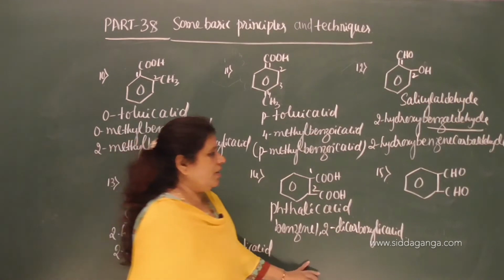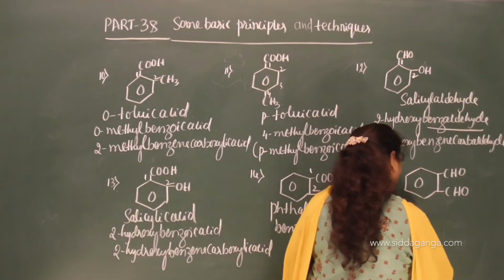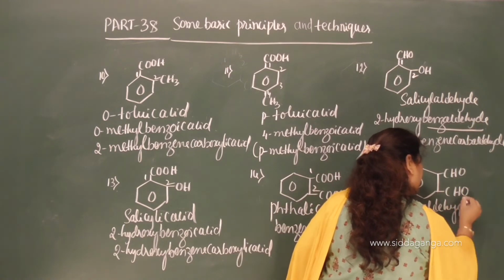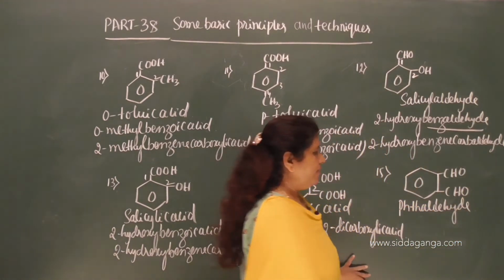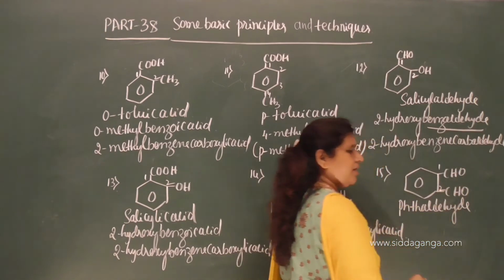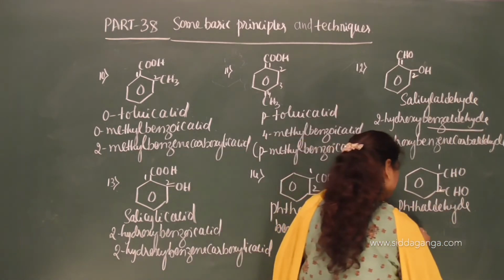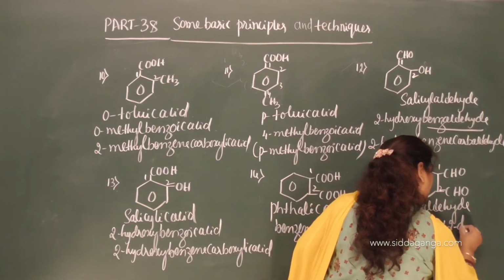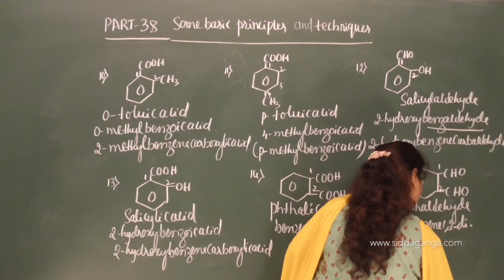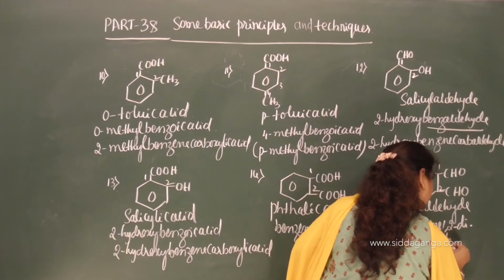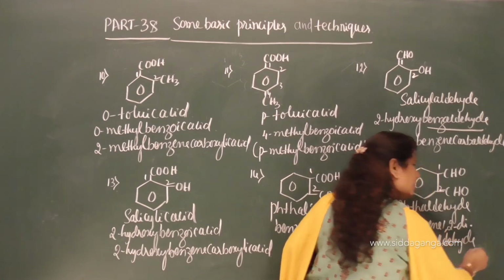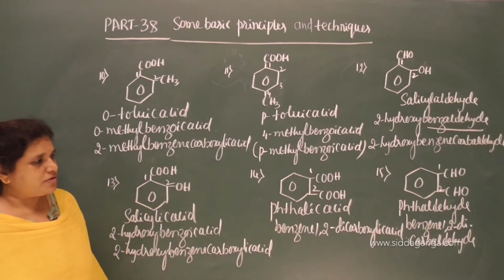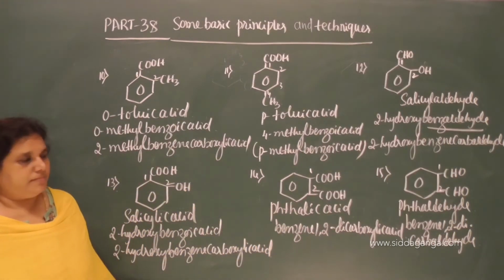Okay. Now if 2 CHO groups are there, phthalaldehyde. Phthalaldehyde is the common name, and 1,2 benzene dicarbaldehyde. So instead of carboxylic acid, the secondary suffix we need to use is carbaldehyde.